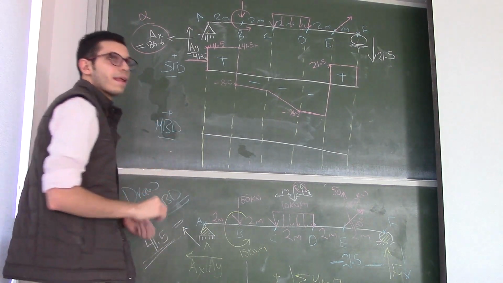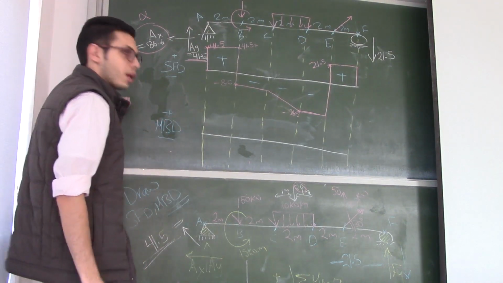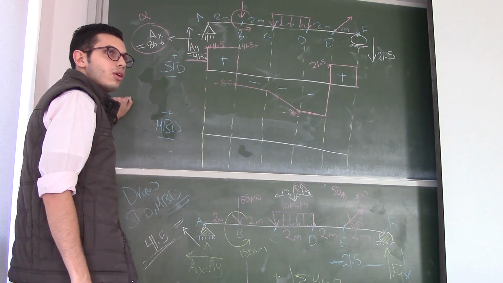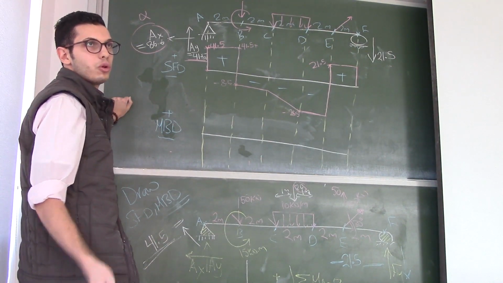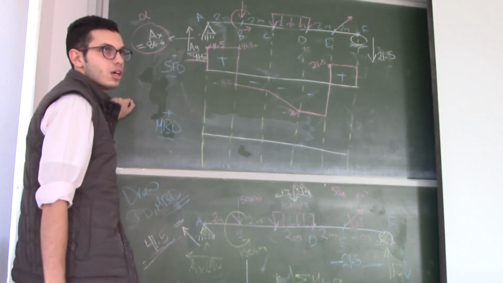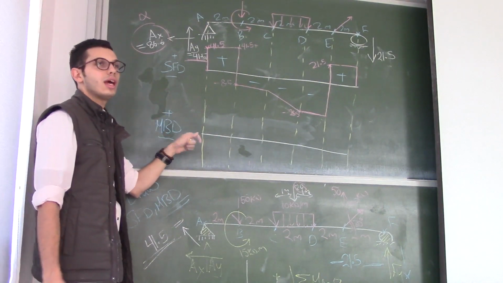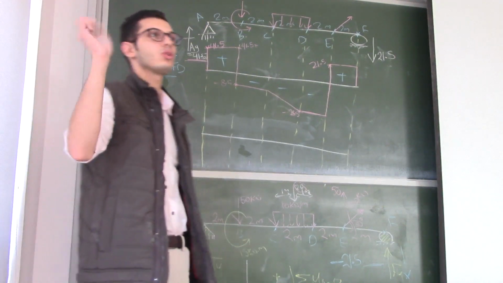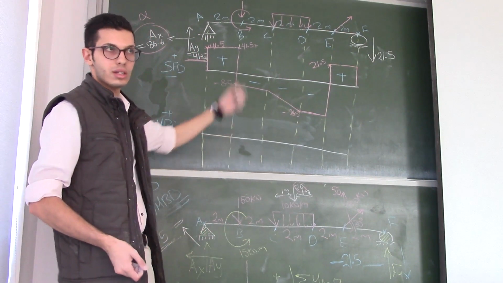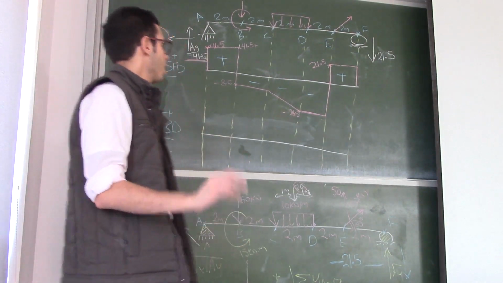Positive, negative. Okay? By the way, in books or other references, there are some authors or engineers who draw the positive down and the negative up. It's okay, it's up to you. You can choose where is positive and where is negative. Okay? Now, let's go back.